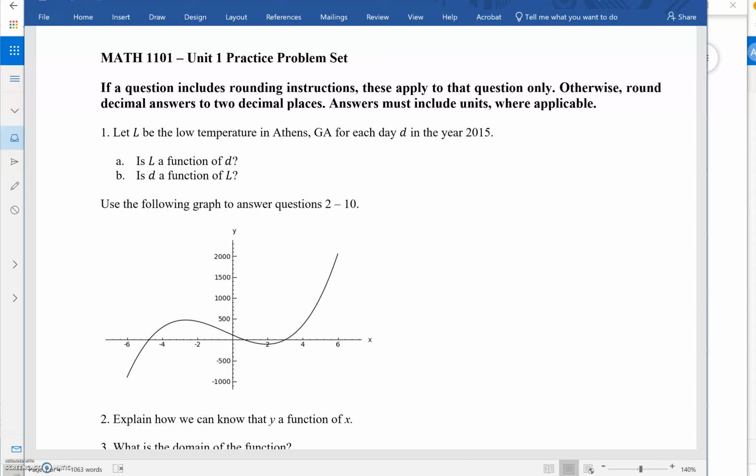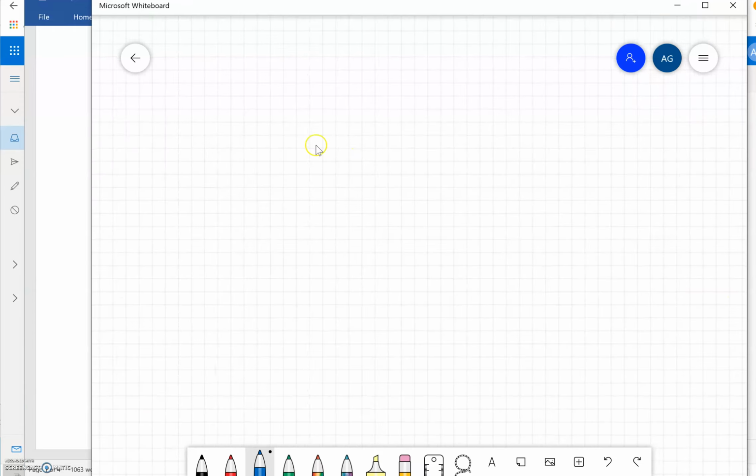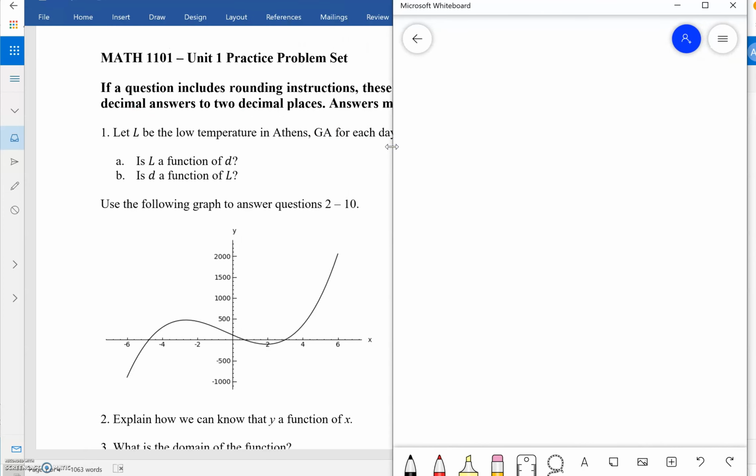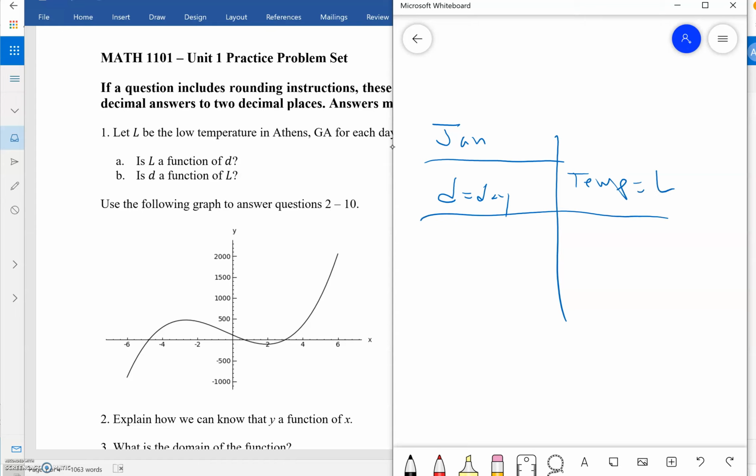Well, to make this a bit more clear, I'm going to make a little table. Let's suppose that we're in January, and let's have a D column, that's the day, and then a temp column, which is L. So we have the first, second, third, fourth, and so on, all the way down to 31.